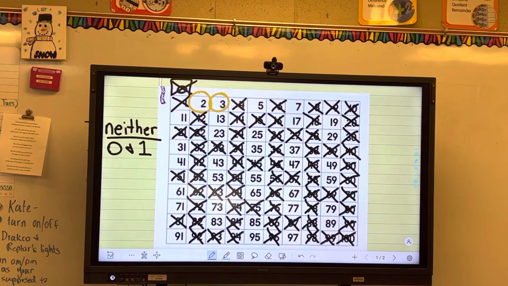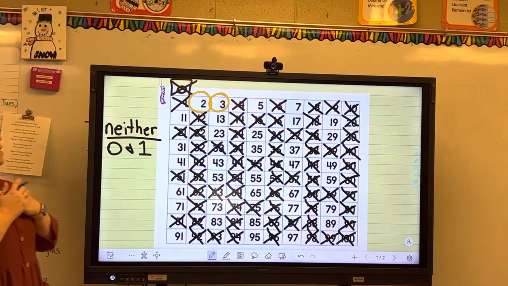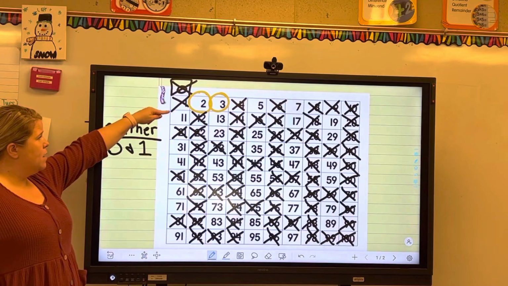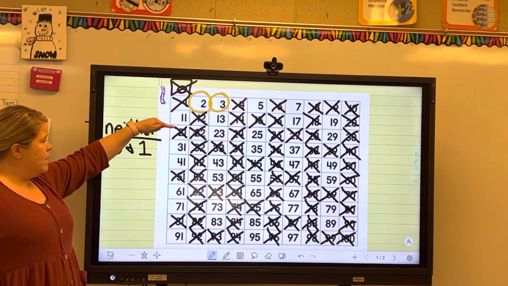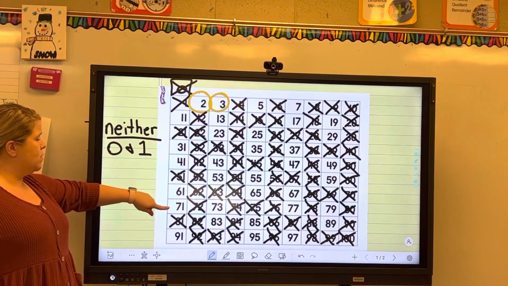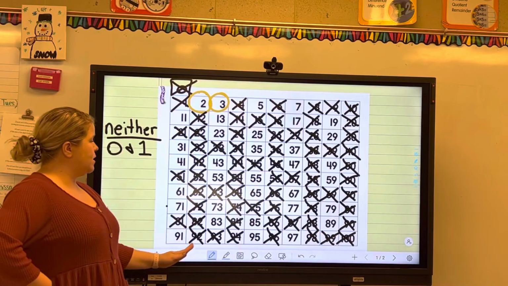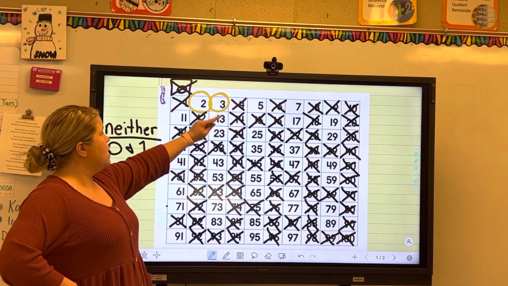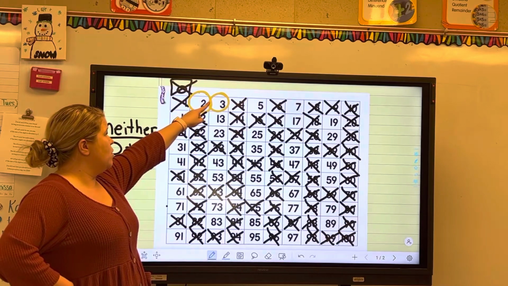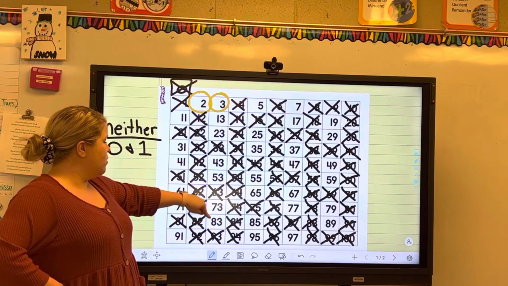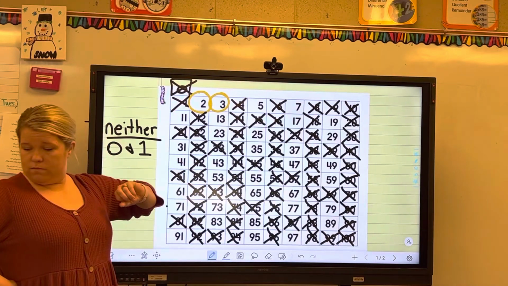We're about to double check. Just double check with me. On this first column, these should be blank. Shouldn't have anything on them: 11, 31, 41, 61, 71, 91. All your 2s are marked out, right? On 3s, 3 should be circled, but then 13, 23, 43, 53, 73, 83 should be blank, right?